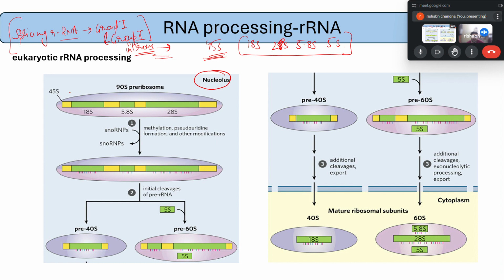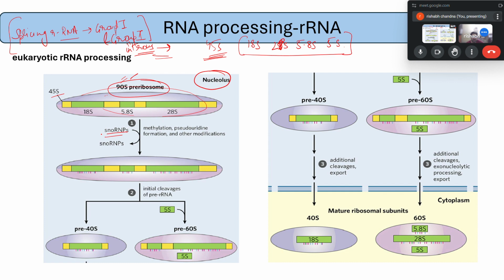So what we have is a 45S precursor of the rRNA, and this is bound with proteins, making a 90S pre-ribosome. So this is a pre-ribosome component that is totally 90S. It will involve proteins also, so that is why it is a 90S precursor. Then what happens?